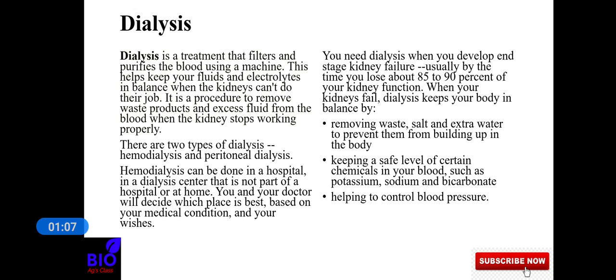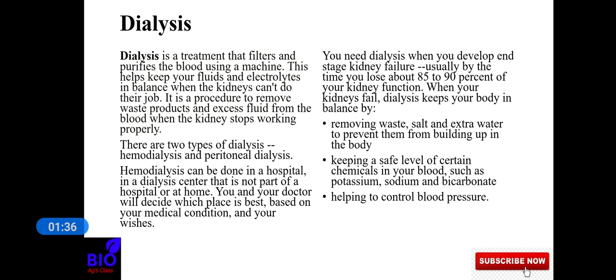There are two types of dialysis: hemodialysis and peritoneal dialysis. In this chapter, we only discuss hemodialysis. Hemodialysis can be done in a hospital, in a dialysis center that is not part of a hospital, or at home.